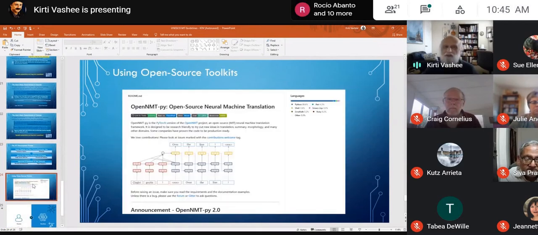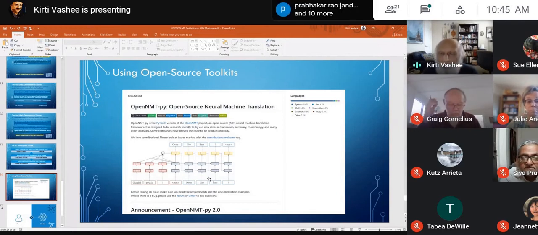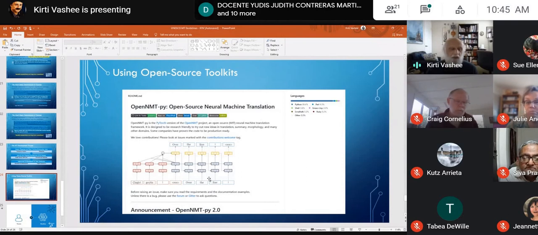There's a lot of open source stuff out there. This is the most popular one for the neural machine translation systems that are being built today. It is complicated. It is not stuff that you can just walk up to and use. It's not like using PowerPoint or Microsoft Word or a browser. It requires specialized skills. And so you need that.